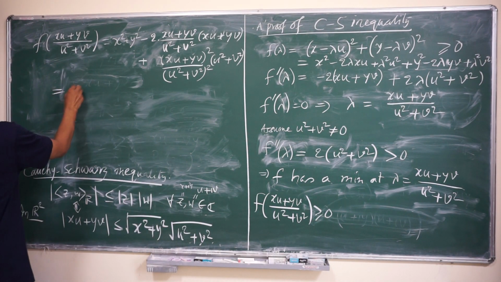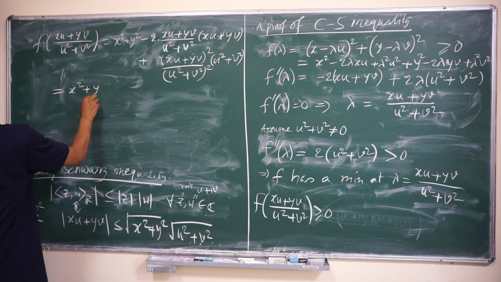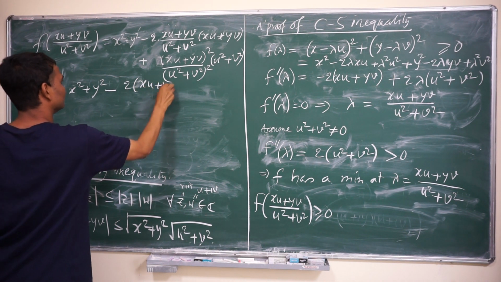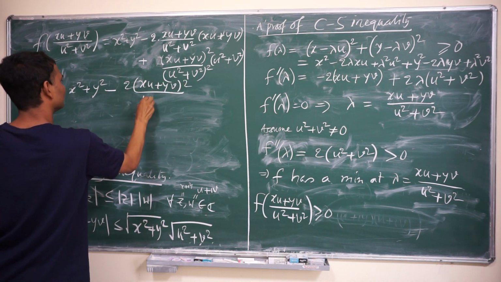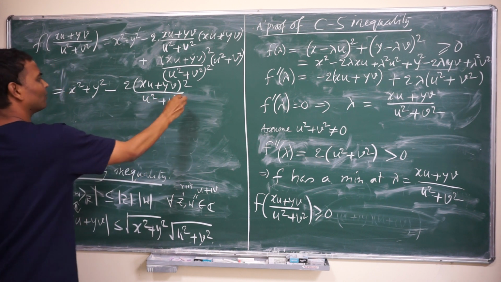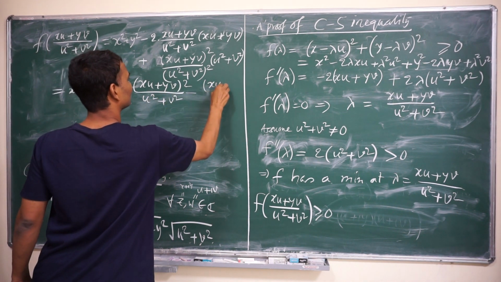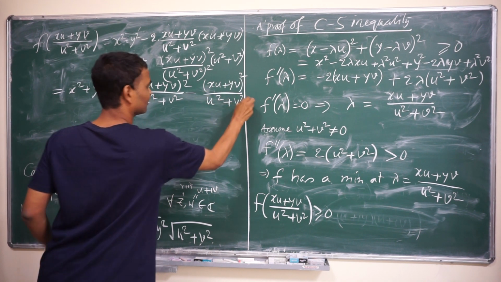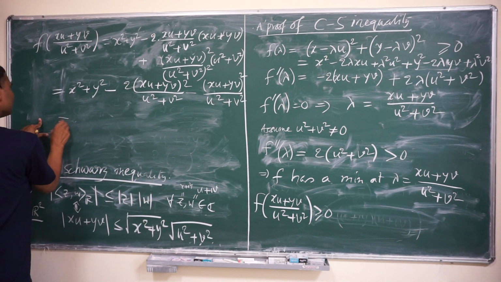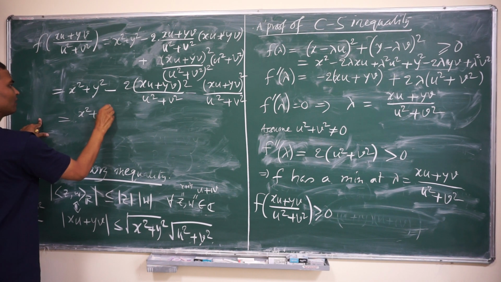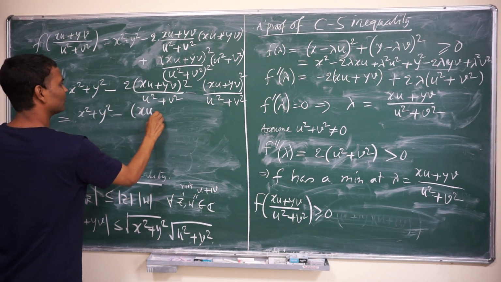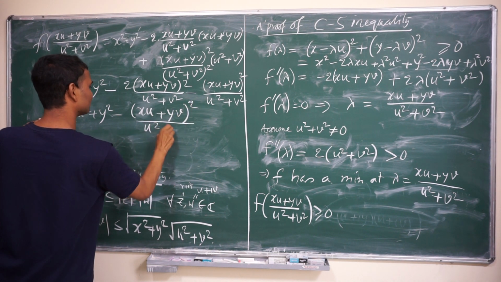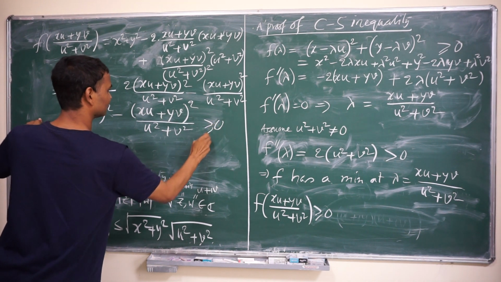Now this is x square plus y square minus 2 times xu plus yv whole square by u square plus v square, plus xu plus yv whole square by u square plus v square. So this gives you x square plus y square minus xu plus yv whole square by u square plus v square, and this is greater or equal to 0.